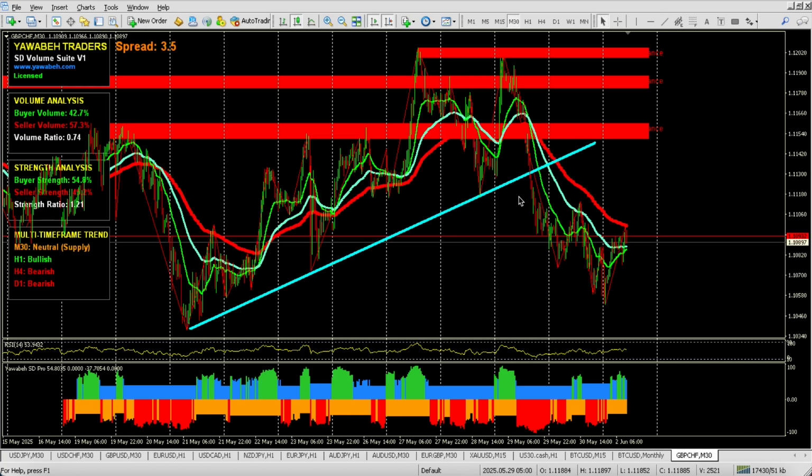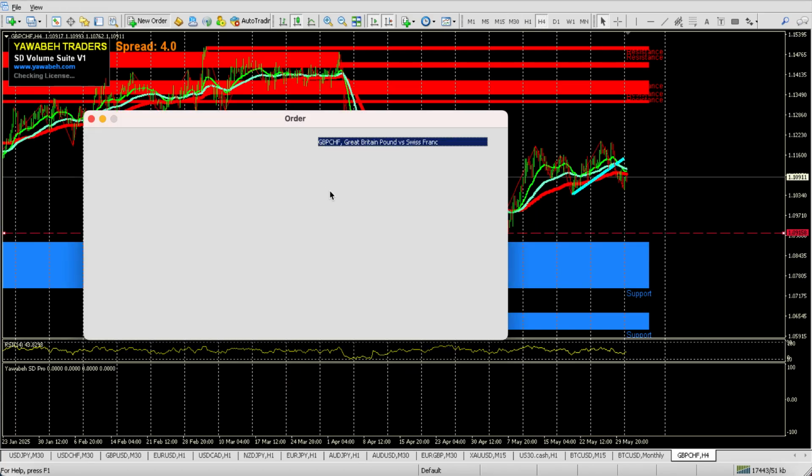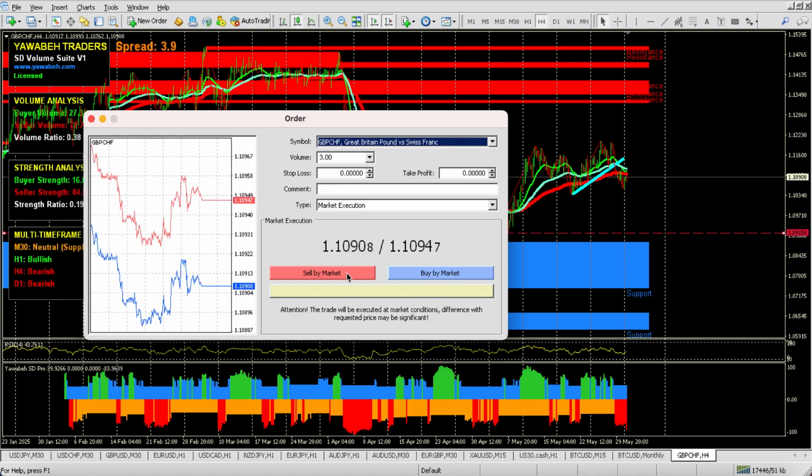The market is far below this zone, and these are the zones we can consider as resistance zones, where the market was previously supported by buyers, and it was upside, but now it has become a strong resistance zone. The market is below this resistance level, and that is the reason we will be preparing a short. So I'm entering a short position with 3 standard lots on GBPCHF.